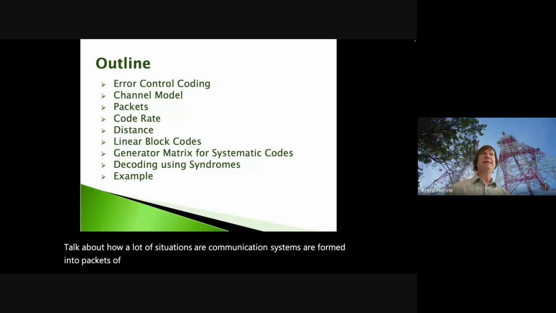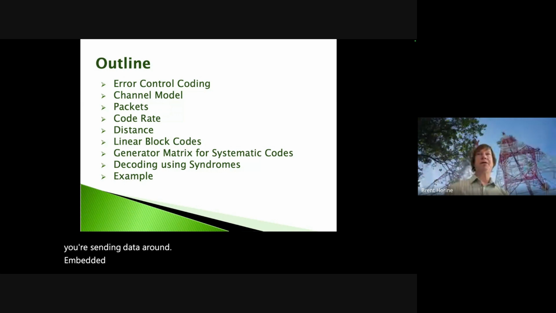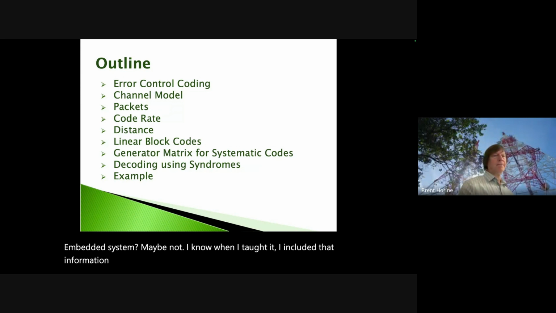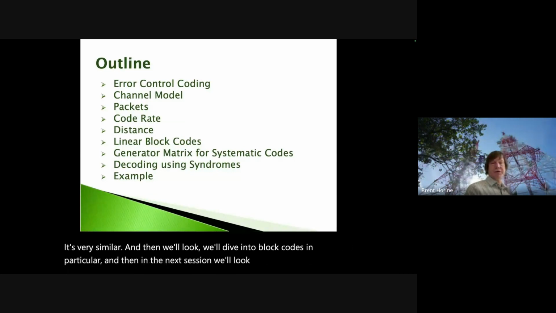I think probably in embedded systems you might have looked at parity check codes or something like that when you're sending data around in an embedded system. Maybe not. I know when I taught it, I included that information. So it's very similar. Then we'll dive into block codes in particular, and in the next session, we'll look at convolutional codes.